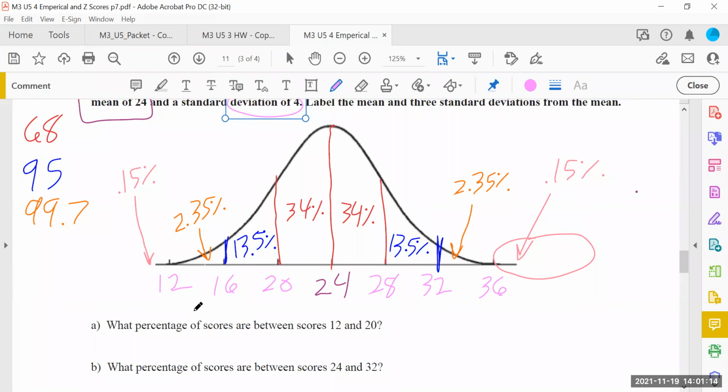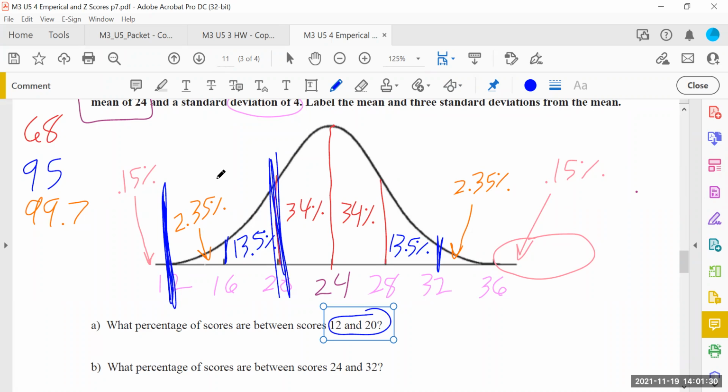Now I'm all set to answer my questions. So letter A asks me, what percent of scores are between 12 and 20? So here's 12, here's 20. I need this one plus this one. Those two are in between 12 and 20. Is that making sense?